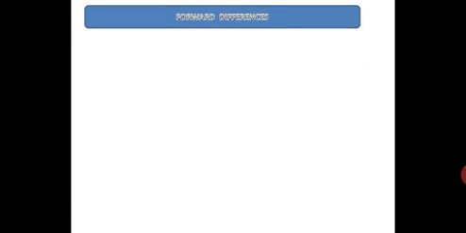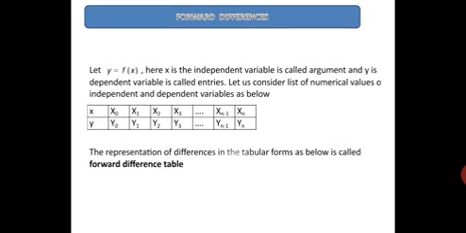So, I have taken the table here, that is x values and y values. They are arguments and entries for the forward difference table. We can see it here, that is x values are x0, x1, x2, x3 up to xn, and y0, y1, y2, y3 up to yn.